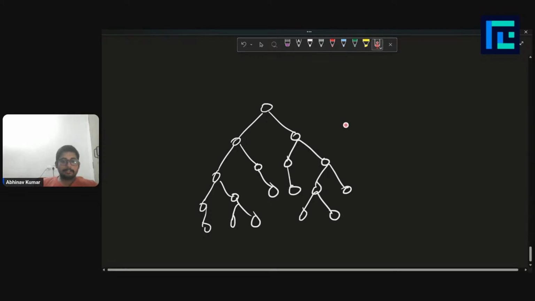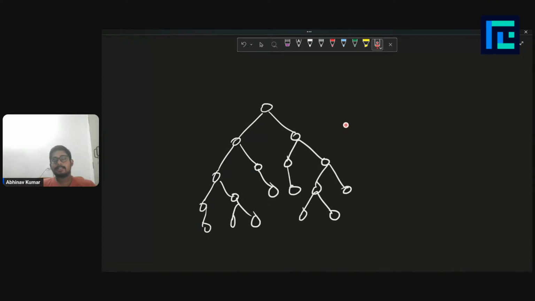Now, if you look at the leaves of the tree, you need to maximize the LCS for the leaves of the tree. For this tree, the leaves are here, here, here, here, here, here, here, here. They can be at different levels.